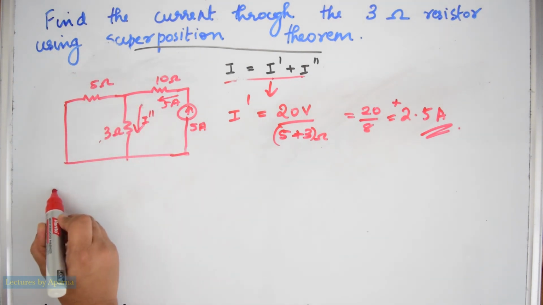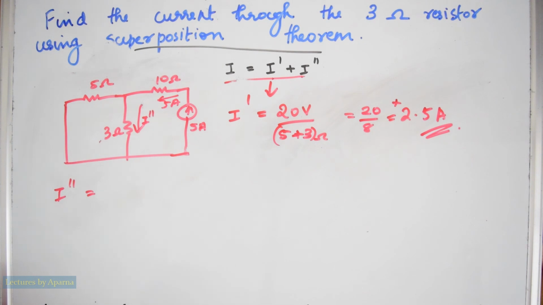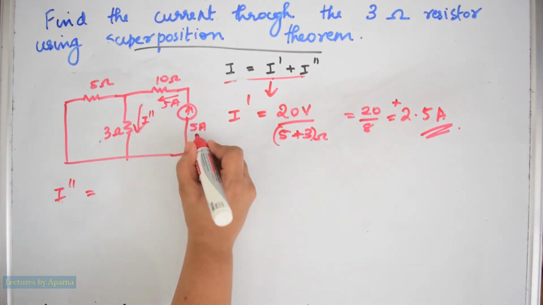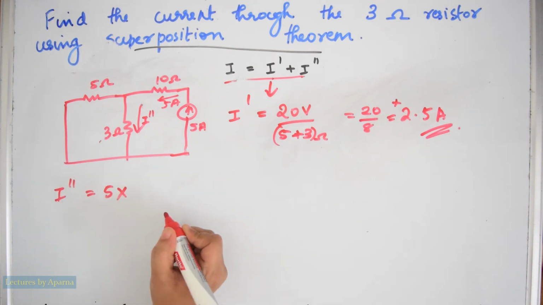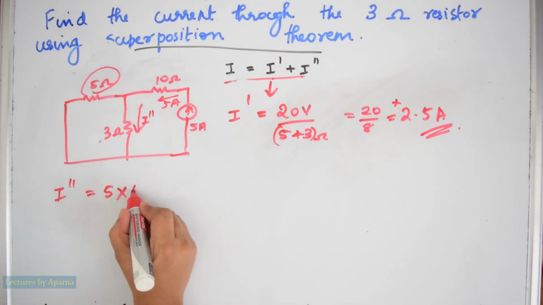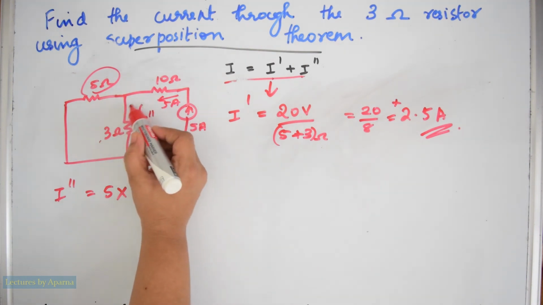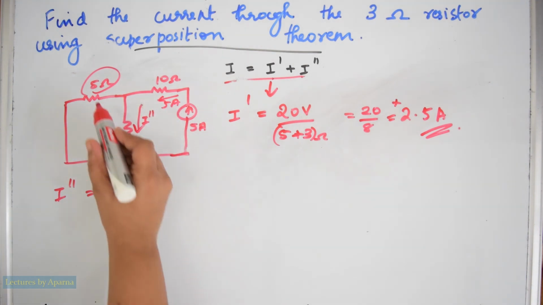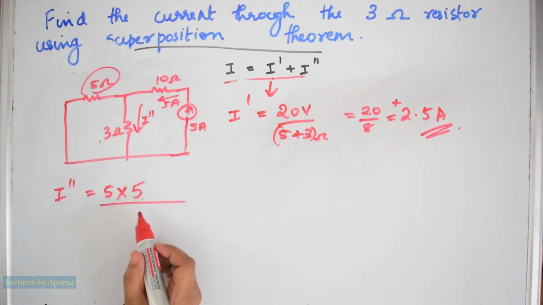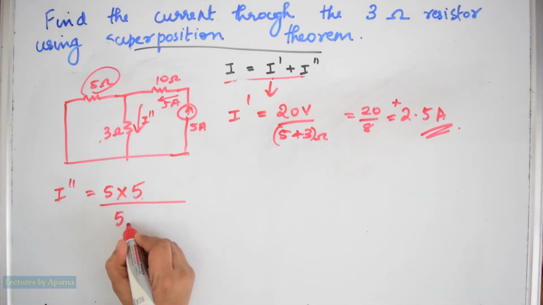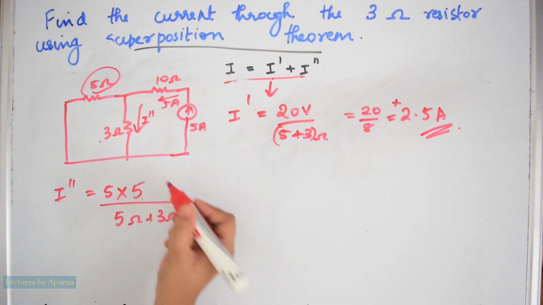So the value of I double dash will be the total current 5 ampere times the resistance of the other branch, 5 ohm, divided by 5 ohm plus 3 ohm.